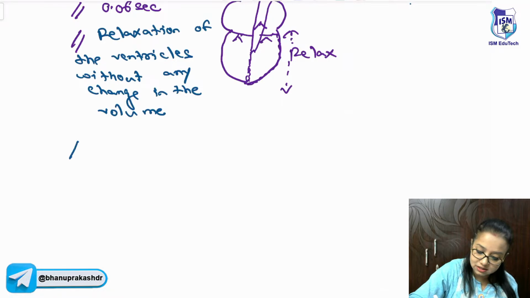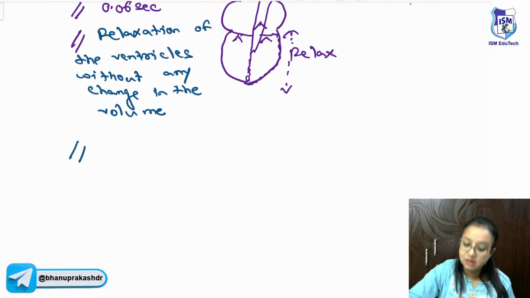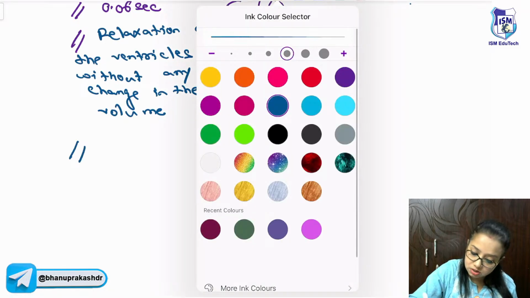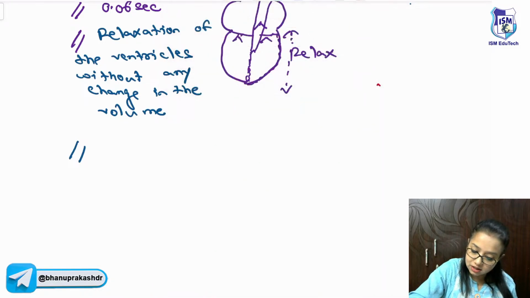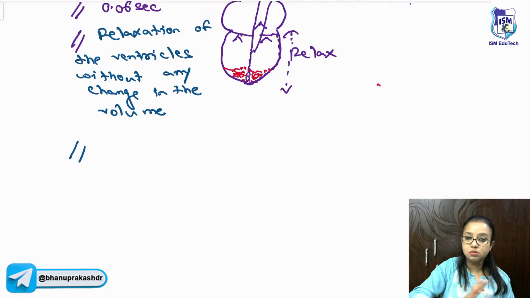Another characteristic is that when the ventricles are relaxing, the amount of blood remaining in the ventricle is very little, because most of it has been pumped out to the periphery.